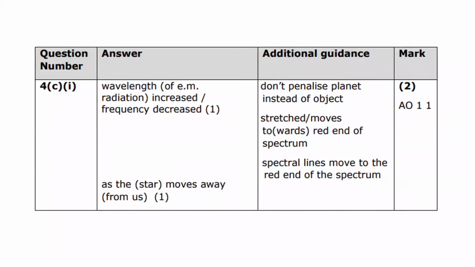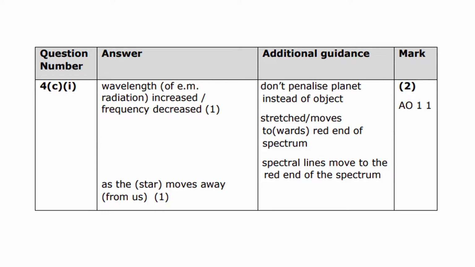On the additional guidance for the mark scheme, for the people marking it: if someone mentions an object, say a star, it doesn't matter. Towards the red end of the spectrum is also allowed. When they put brackets there, it means you could have said planet or galaxy.